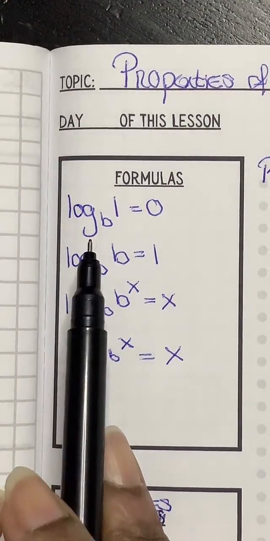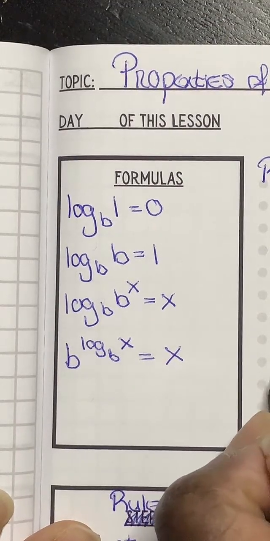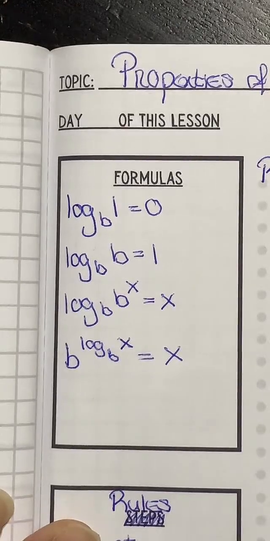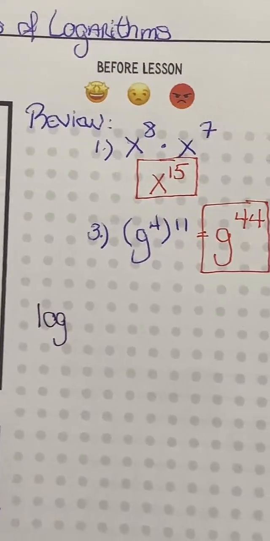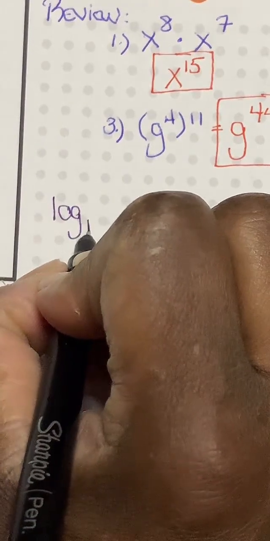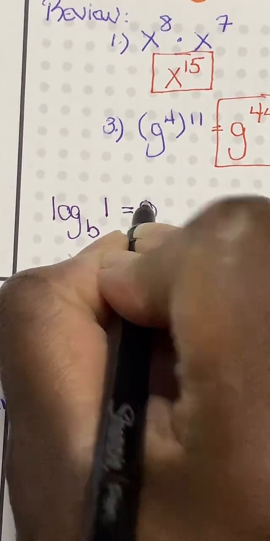Now, if we think about it, I'm going to put it over here. I'm going to slide over for a second. If we have our log with a base of b of 1 equals 0.